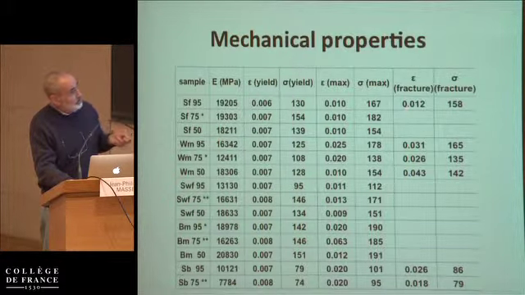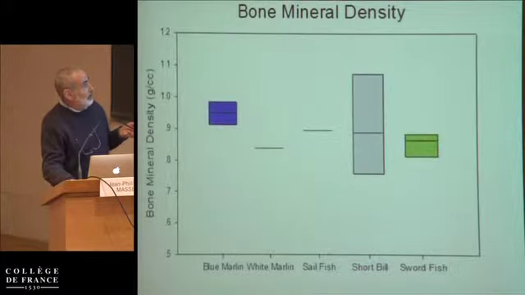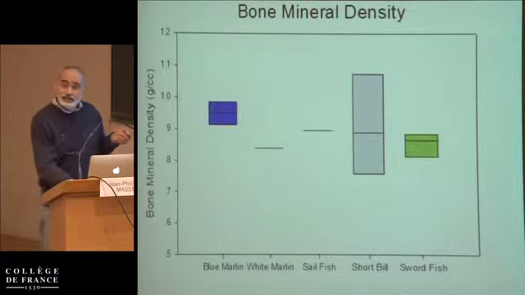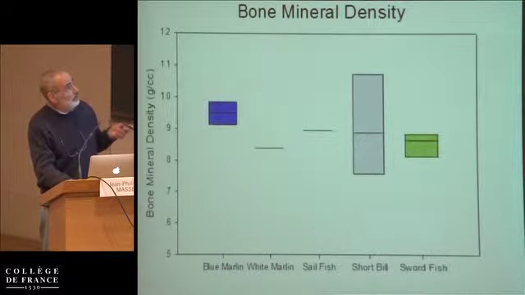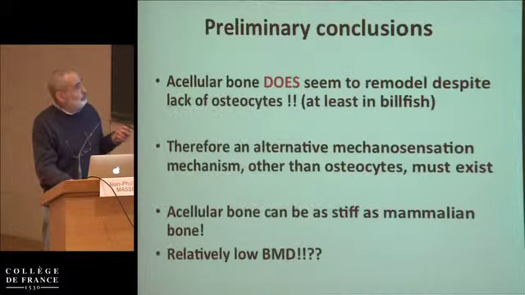And you can see that many of them, like other fish, we were not able to get to fracture, though some of them we did. Mineral, again, like in the other fish, is less than 1. Small sample size, but still it goes along with what we've seen before.